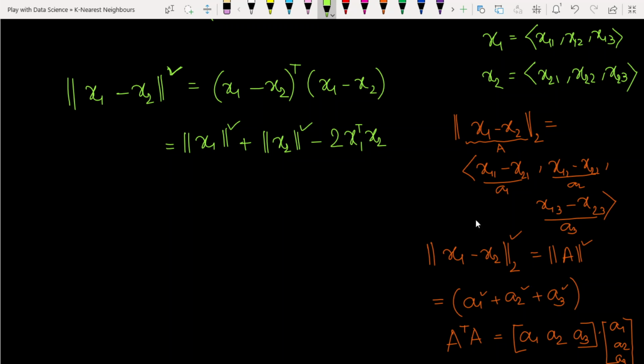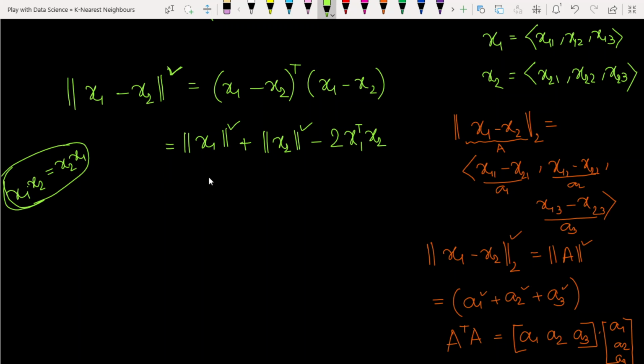If you simplify these two things, you can easily get this, because x1 dot x2 equals x2 dot x1. The dot product is commutative, and because of this we can easily find this.